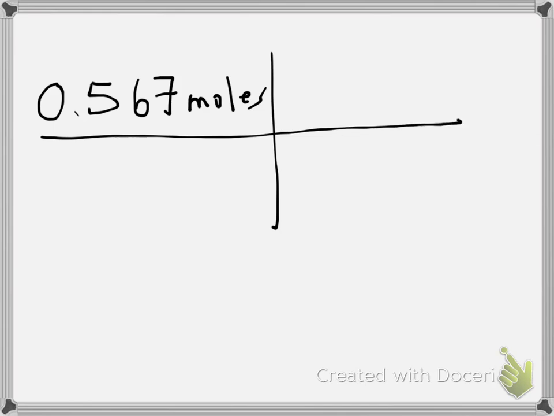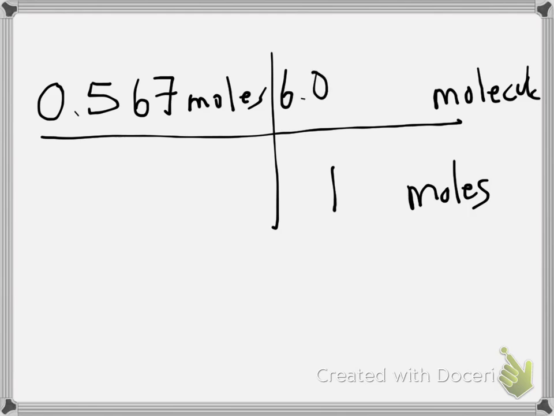And then now moles has to be on the bottom, and molecules on top, and it's 1 mole, and it's 6.02 times 10 to the 23rd molecules. Okay? It's that simple.